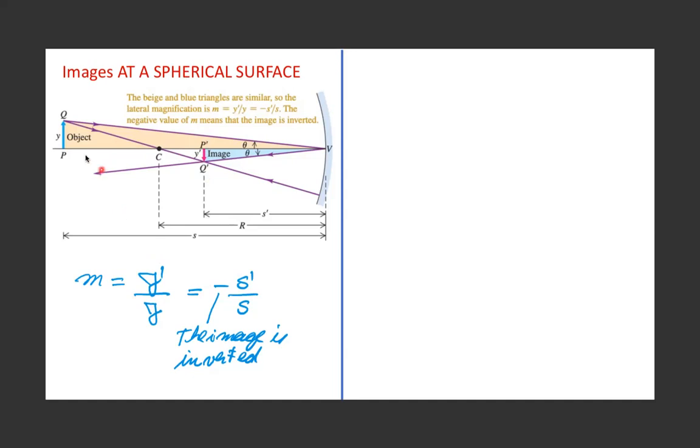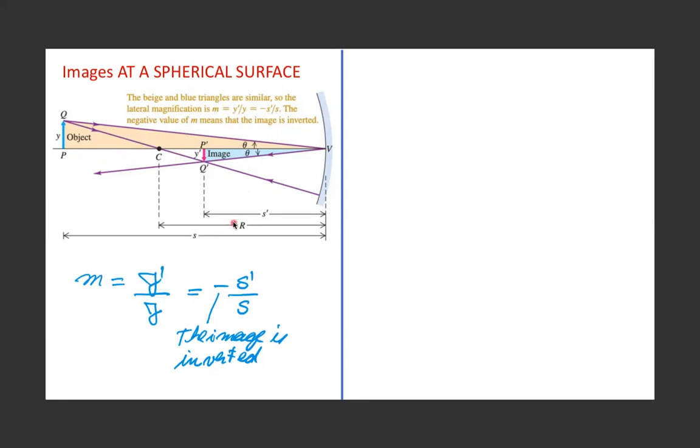Actually, if I look at the distance, I find out that this distance over here is to this distance over here, I'm sorry, PQ is to P prime Q prime as VP is to VP prime. So the ratio of the two things, because these are similar triangles, should be the same, and I can use that to derive the magnification of this sample.